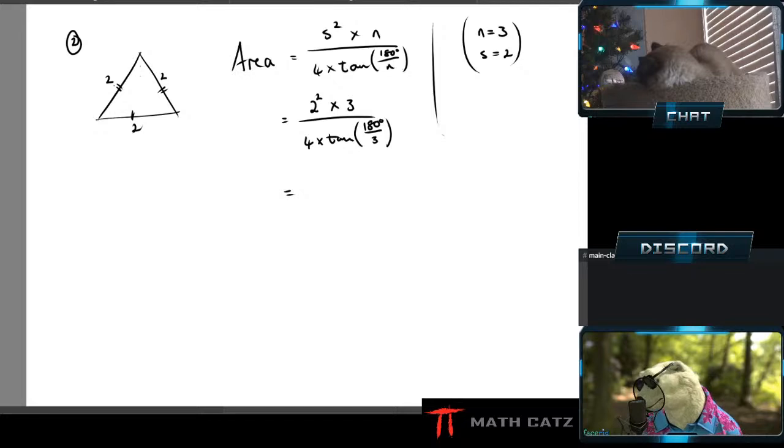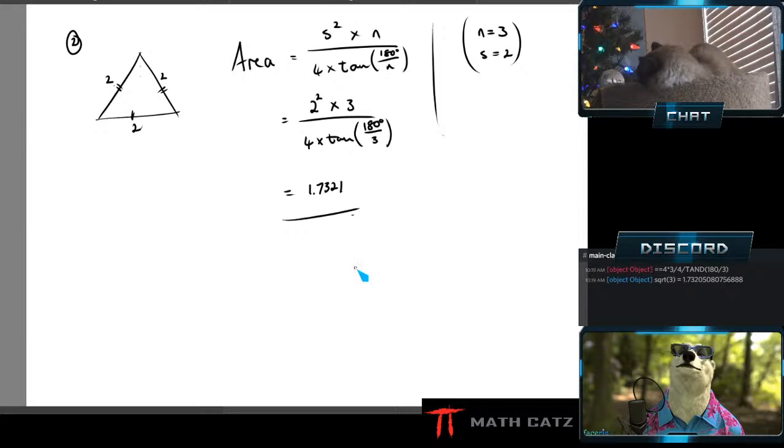So 2 squared is 4 times 3 divided by 4 divided by tan in degrees 180 divided by 3, and we get 1.7321 if I round it to decimal places.